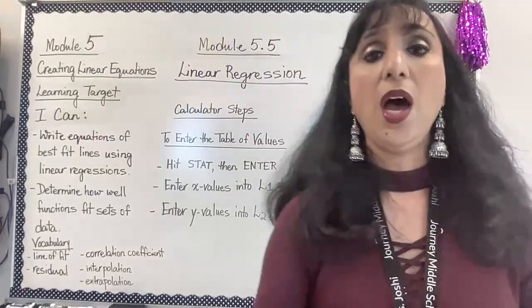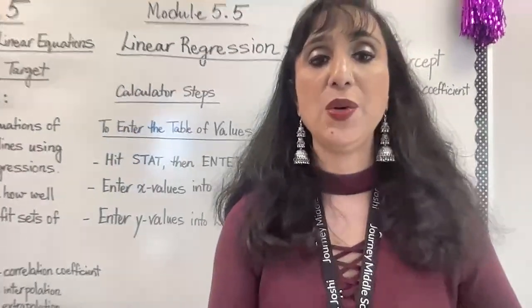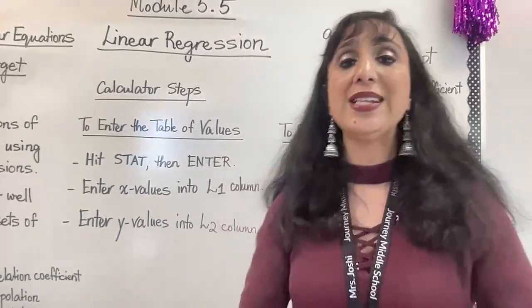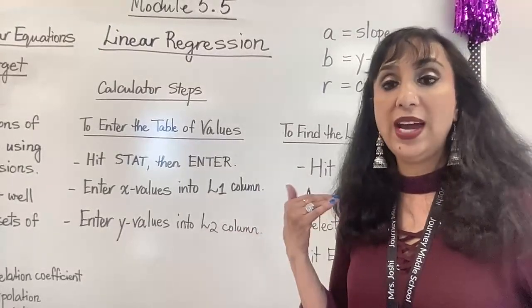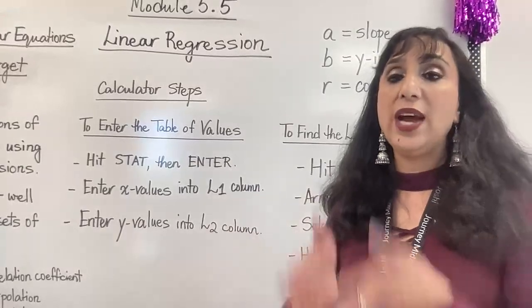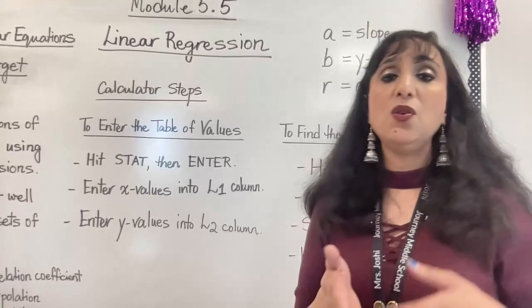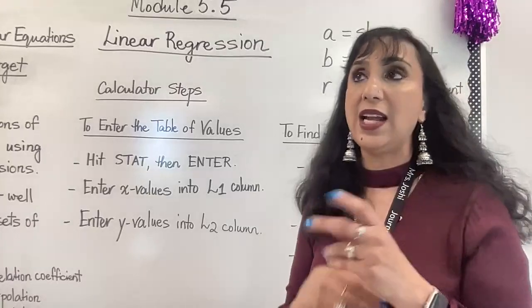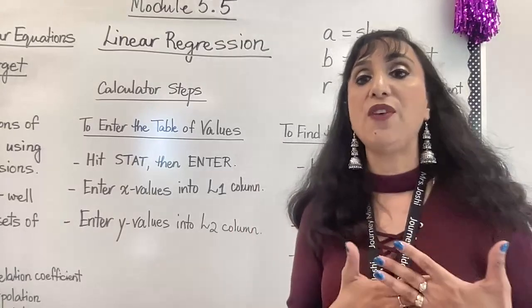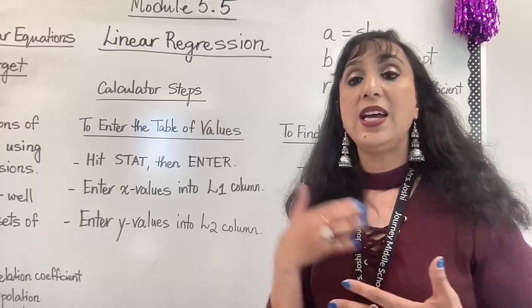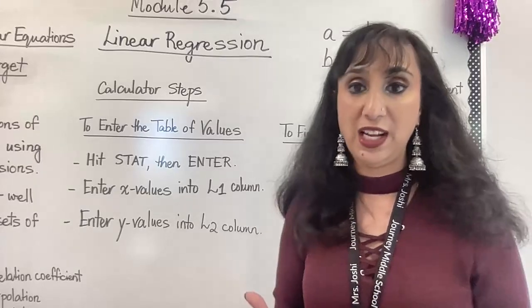First, you're going to enter the table of values. You're going to hit stat, because this is all statistics. You're going to hit stat, you're going to hit enter, and then you're going to get a column. By default, the L1 column goes for X values, and L2 goes to Y values.